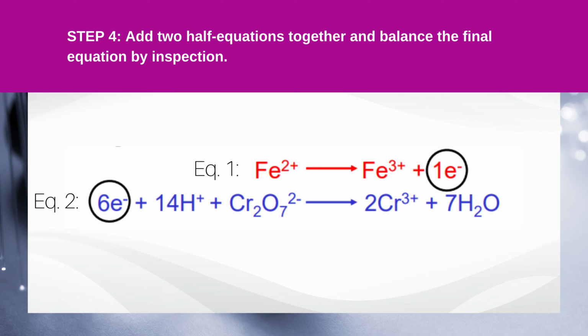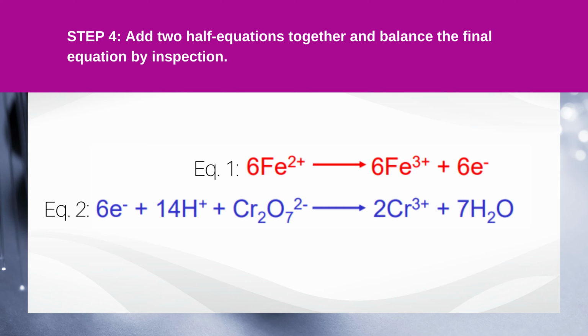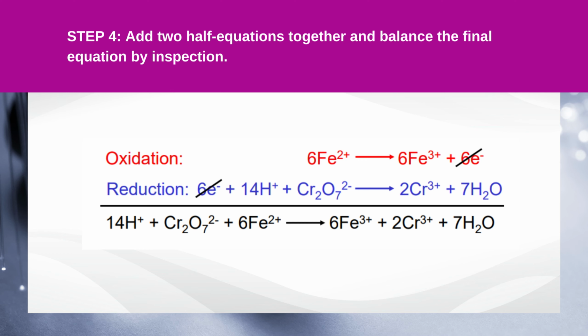For the reaction shown on this slide, we multiply equation 1 with 6. So now equation 1 and equation 2 have the same number of electrons. We have 6 electrons. So add the two half reactions together and balance the final equation by inspection.